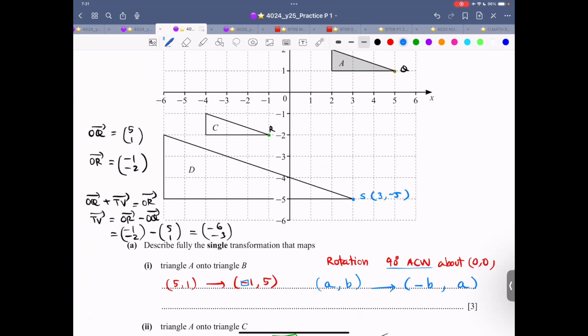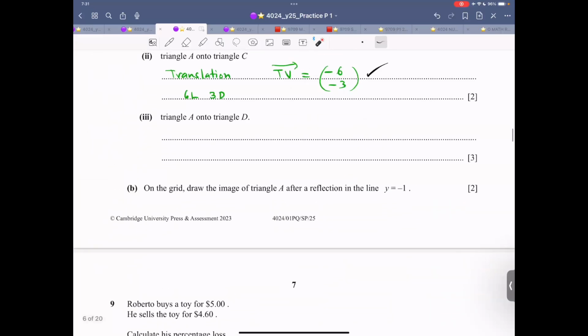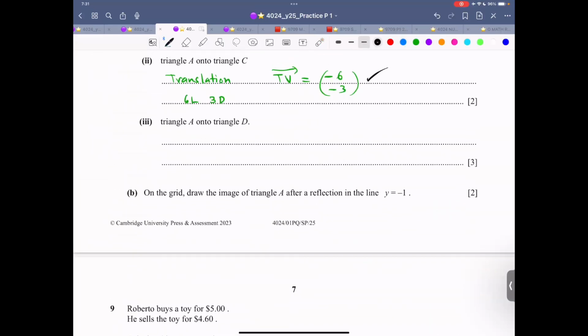First of all, the base is 3 units, and 3 and 3 and 3. So the base has tripled in size. Original base 3 units, now the base is 9 units. Therefore, the scale factor is 3. All good?